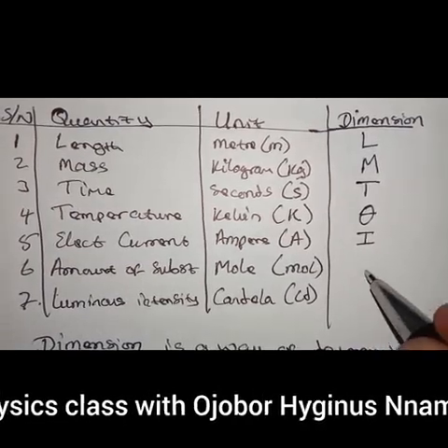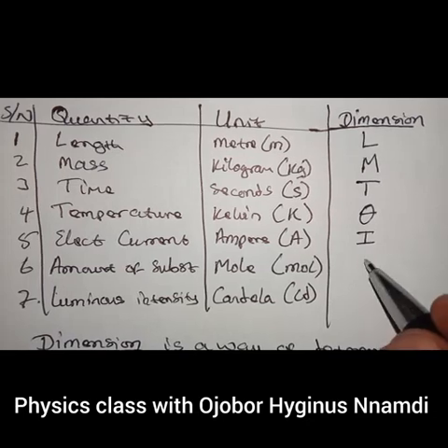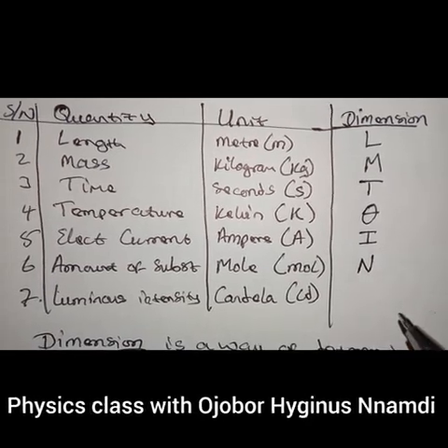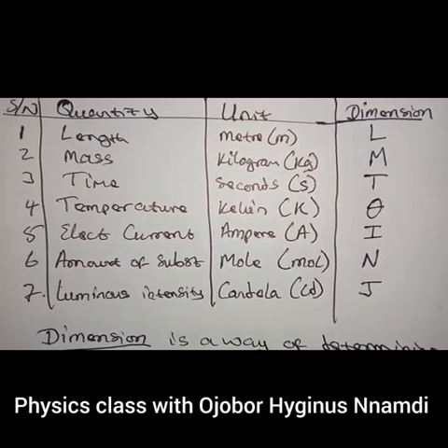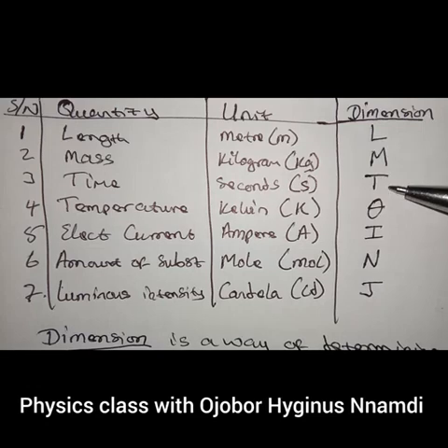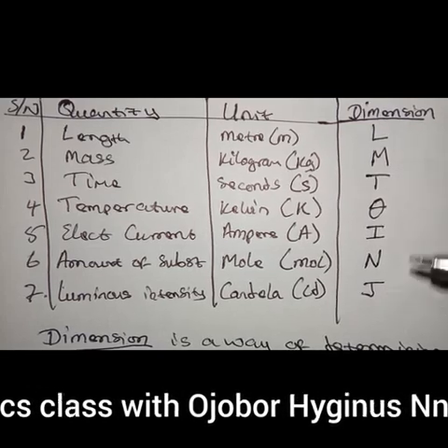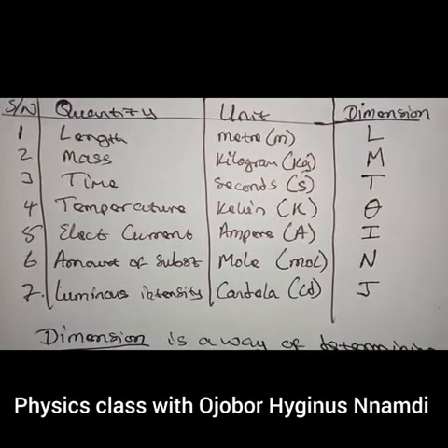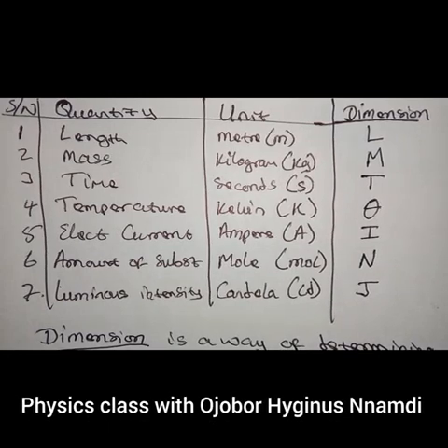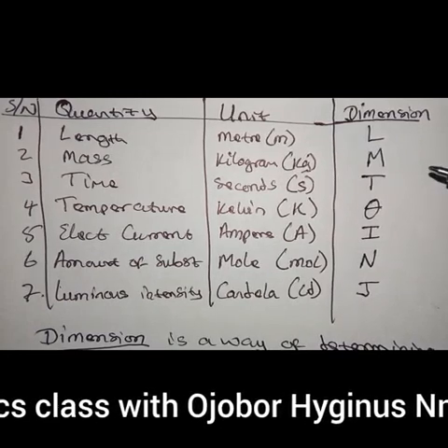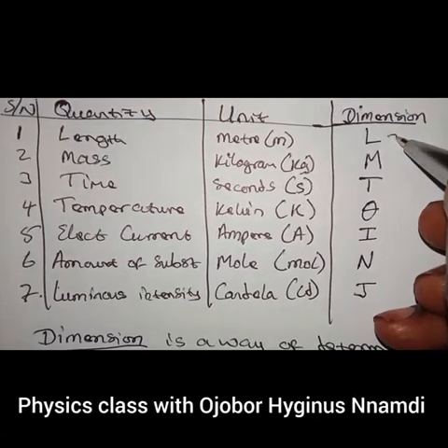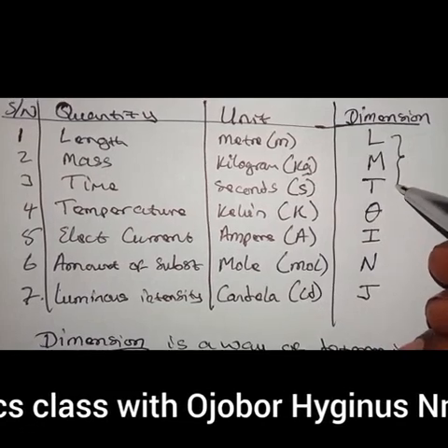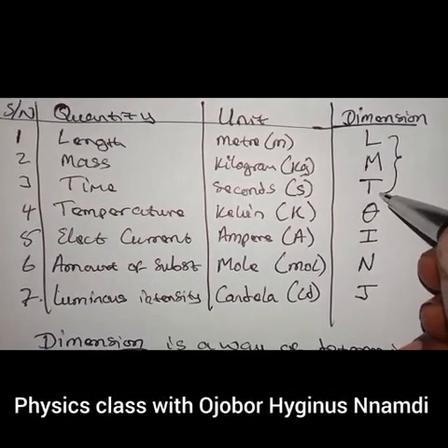The dimension of amount of substance is capital N, while the dimension of luminous intensity is capital J. If we know these basic dimensions of fundamental quantities, we can use them to get the dimensions of derived quantities. But most of the questions, especially at the level of WAEC and JAMB, will cover these three.